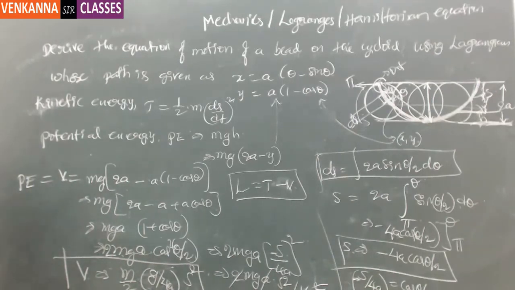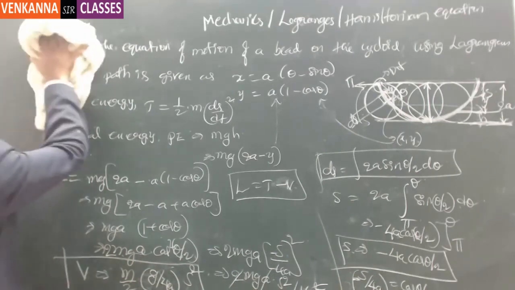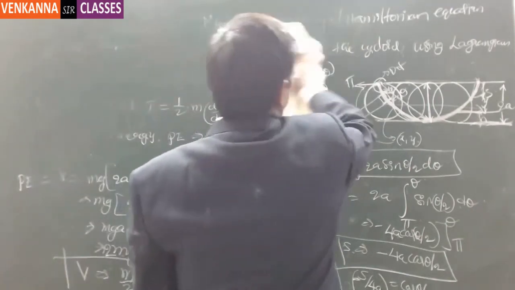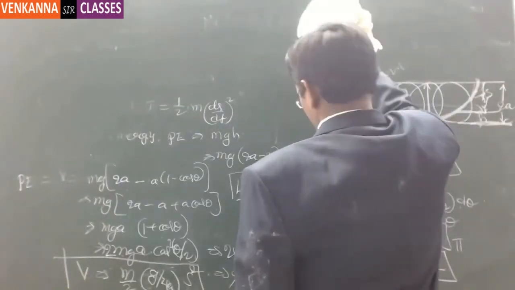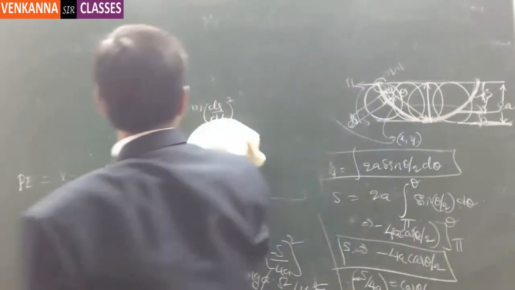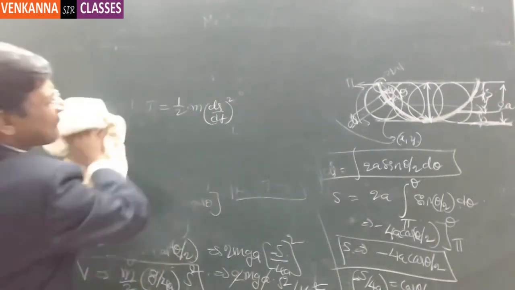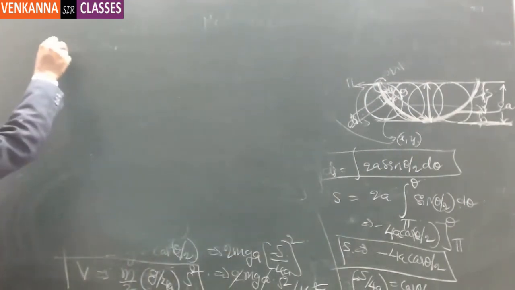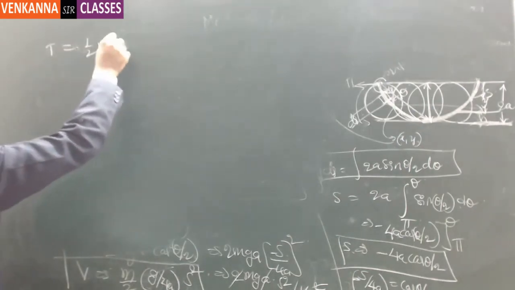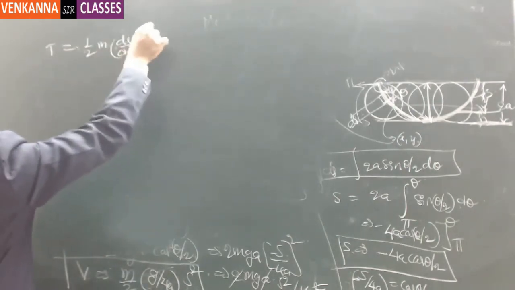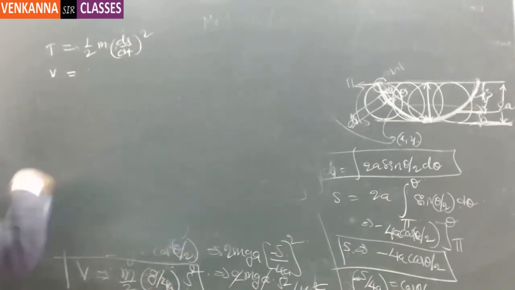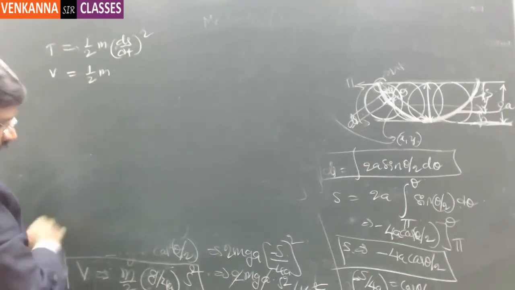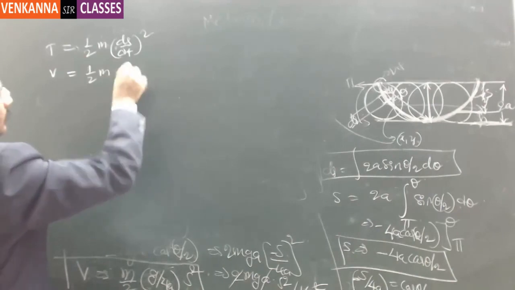Okay, so once you get the kinetic energy and potential energy, I'll write the Lagrangian. The kinetic energy is half m into (ds by dt) whole square, and the potential energy V is given as half m into g by 4a times s square.